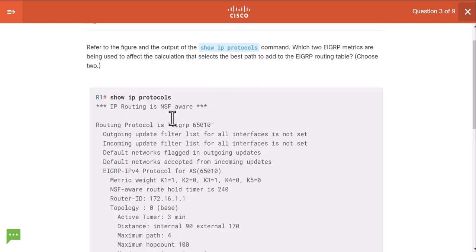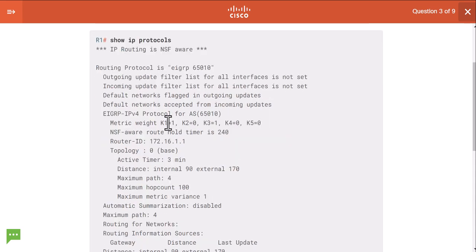One thing we need to look at when we talk about which metrics of EIGRP are used are the metric weight values, these K values. They are K values from 1 to 5, and this setup here is the default one with K1 equals 1 and K3 equals 1, which means these are considered and others are not.